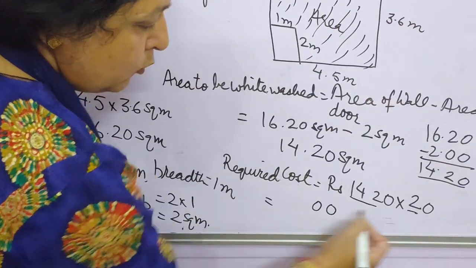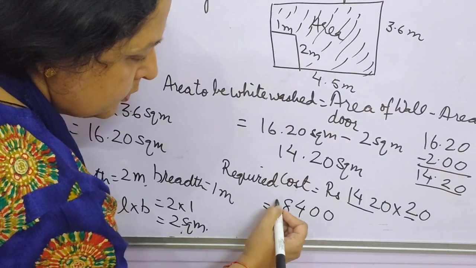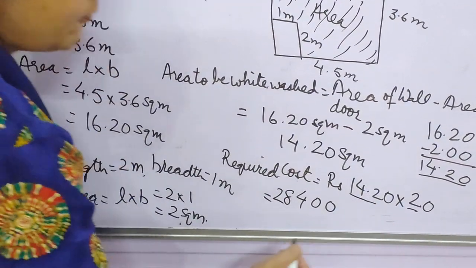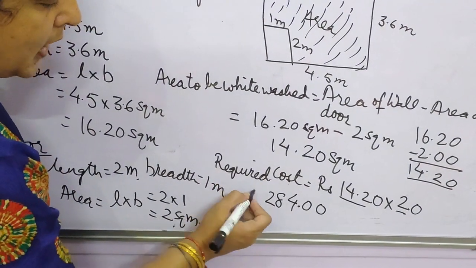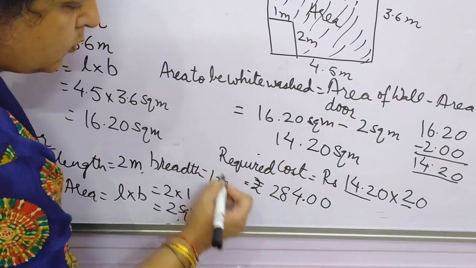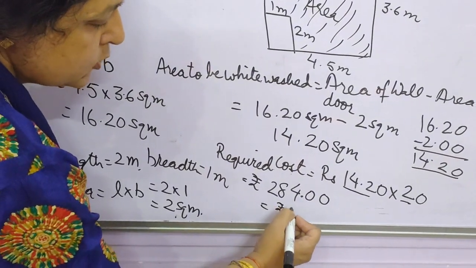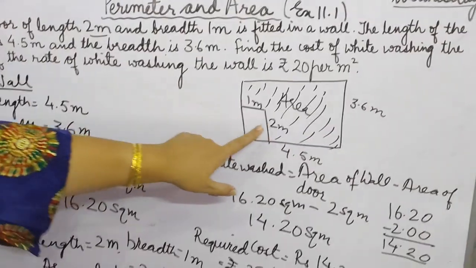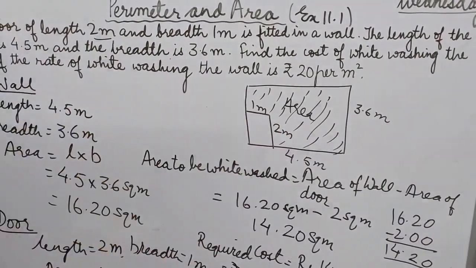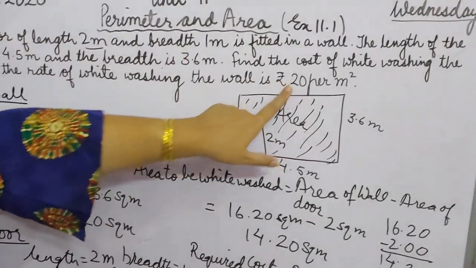Multiply 142 by 2. Now since there was a decimal, counting 2 digits from the back, our answer comes out to be rupees 284. This is the cost of whitewashing this wall, leaving the door, at the given rate.